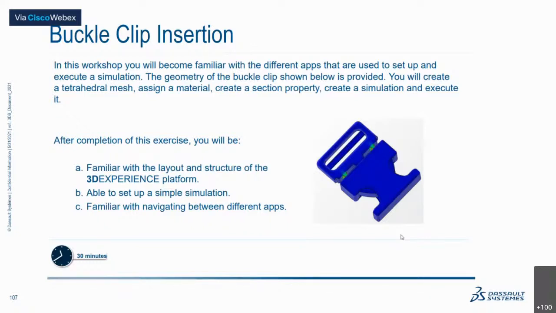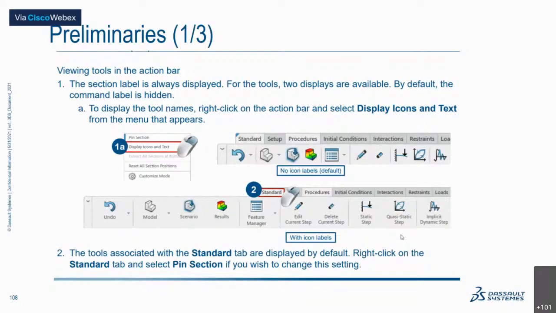You can see the image on the right, which is a buckle clip, and you all might be aware of it. When you're putting the buckle clip inside the buckle itself, you can see that there are some stresses in the buckle in order for it to go inside. There is some kind of compression that happens in it, and that is what we'll be trying to simulate with this particular example.